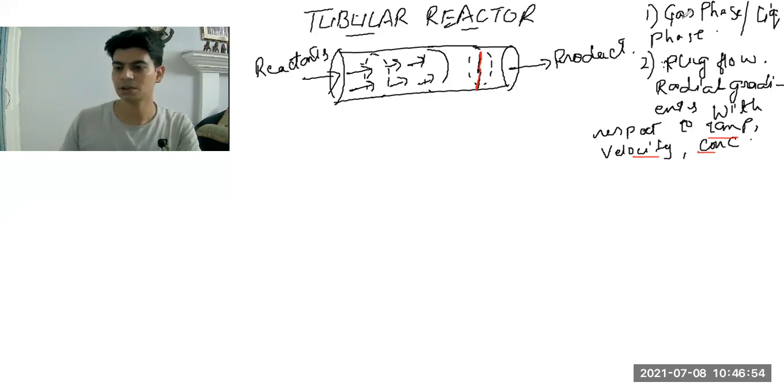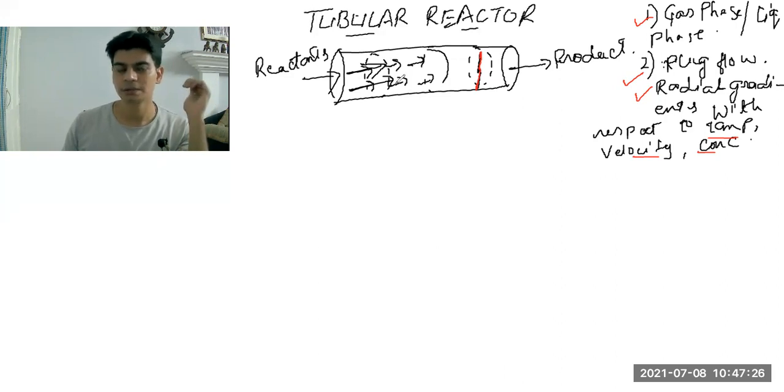So these are two things: gas phase reactions, and the other is plug flow with no radial gradients. And the third important thing is that as the reactants move in the forward direction, reaction is taking place in this plug flow reactor. Since reaction is taking place, reactants are getting consumed.